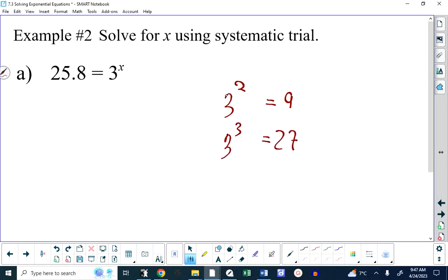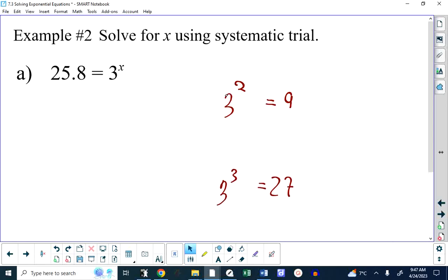So the reasoning is that if 3 squared gives 9 and 3 cubed gives 27, then there will be an exponent here that is between 2 and 3 that will give you 25.8. Because as the exponent goes up, the power goes up.